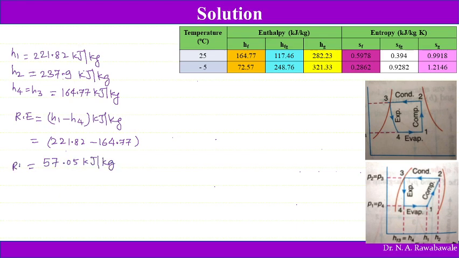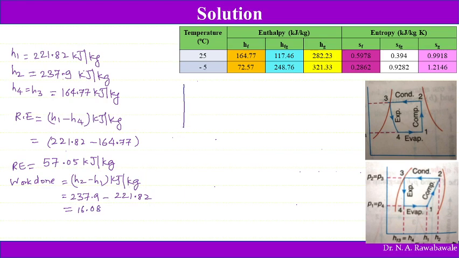So this is the refrigerating effect. Then work done is given by H2 minus H1 kilojoules per kg. H2 we know as 237.9 minus H1, 221.82. On simplification we get 237.9 minus 221.82, which is 16.08.